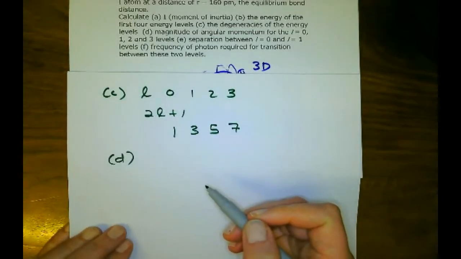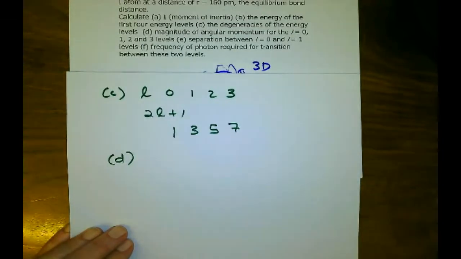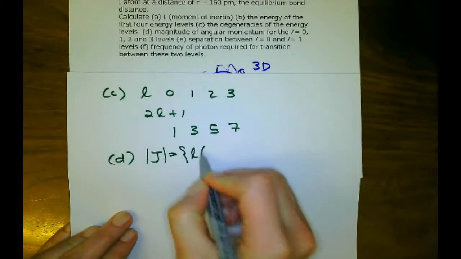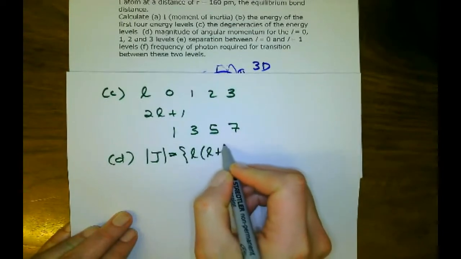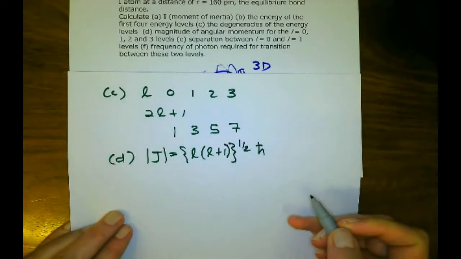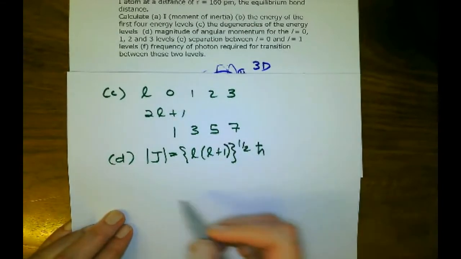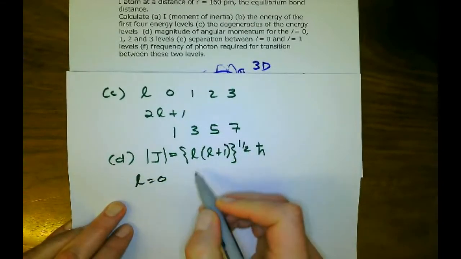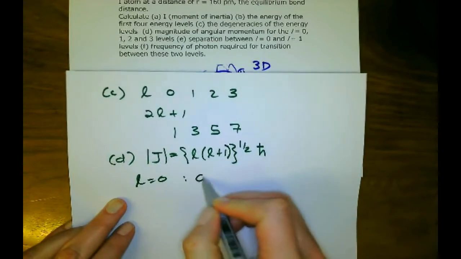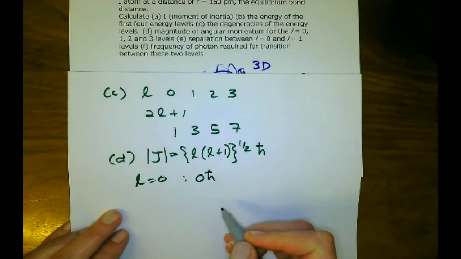The D part of the question, the magnitude of the angular momentum for the L equal to 0, 1, 2 and 3 levels. So we've derived this equation. That is the equation for the magnitude of the angular momentum. So for L equal to 0, 0 times something, it's just 0 h bar.